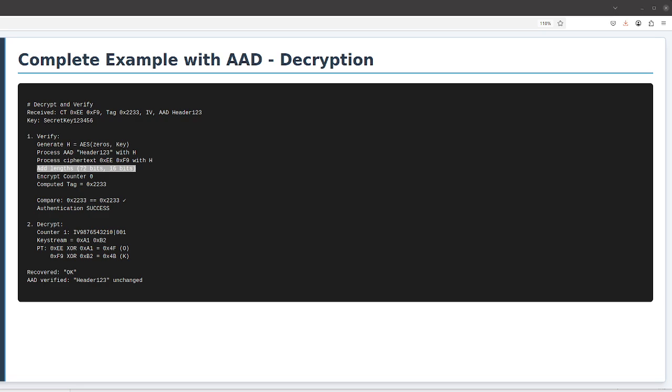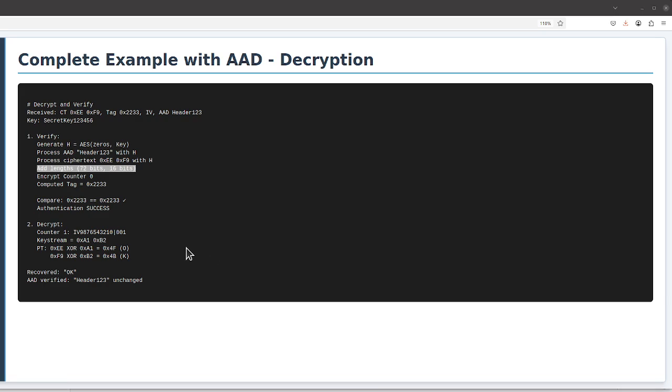Step 2. Decrypt. Construct counter block 1 from IV pipe 001. Encrypt with AES and key to get keystream 0xA1 0xB2. XOR ciphertext 0xEE with keystream 0xA1 to get plaintext 0x4F, which is O. XOR ciphertext 0xF9 with keystream 0xB2 to get plaintext 0x4B, which is K. Recovered message: OK.